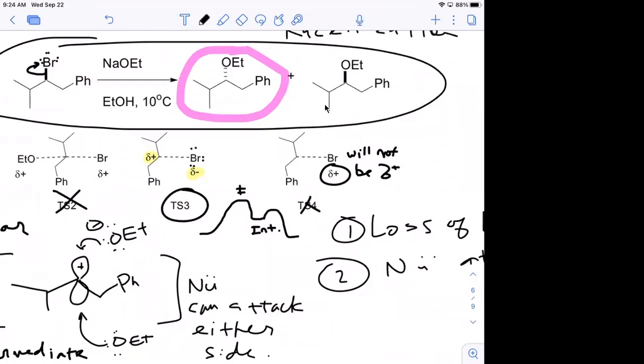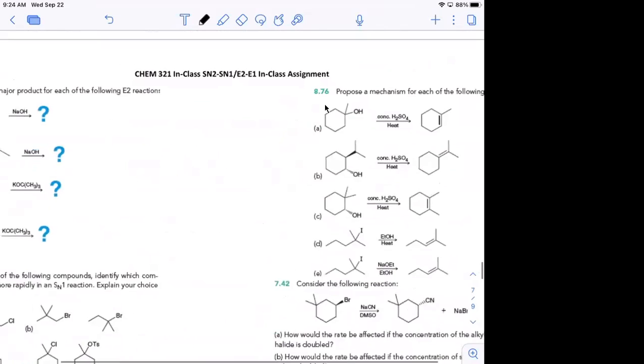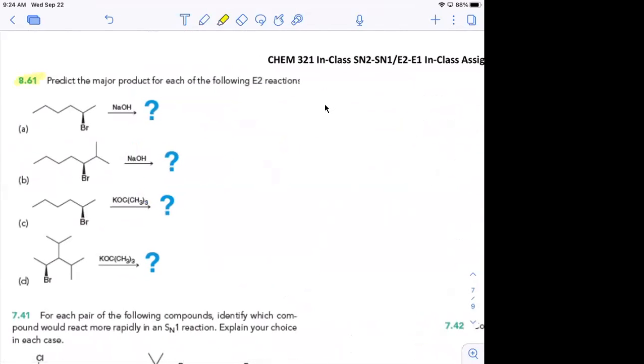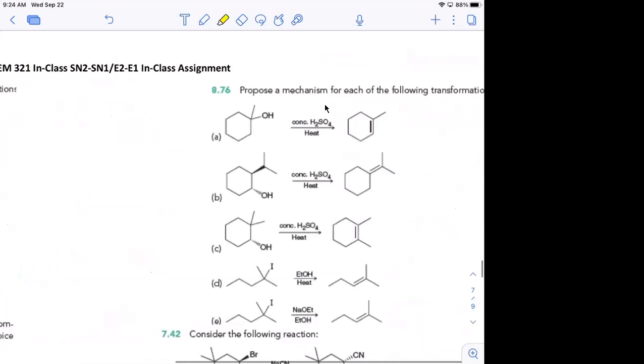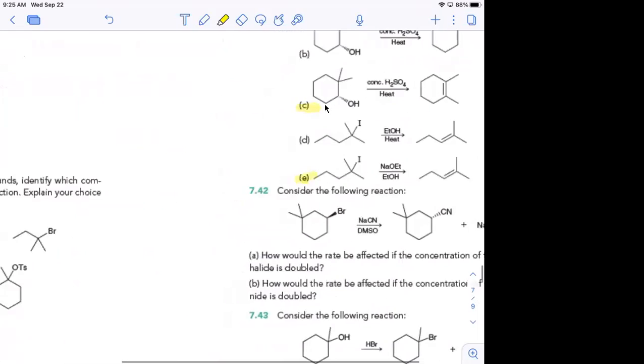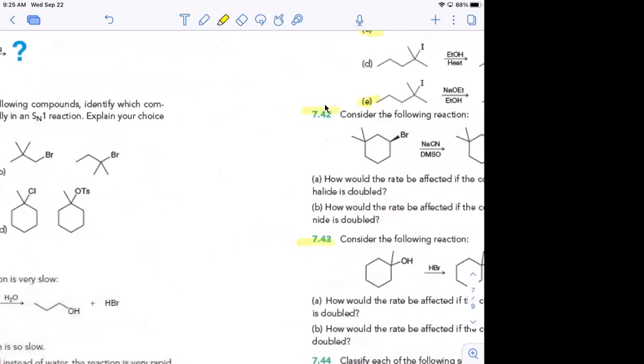All right. Let's go on to another problem. Let's look at 861. Let's do A and D, and we've already done one like B. And then over here we're going to do A, C, and then we'll come back and we'll do 742 and 743.